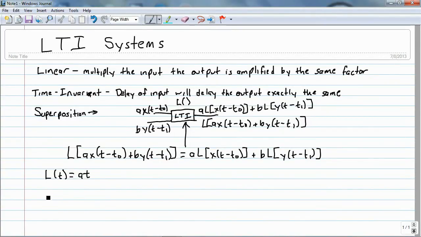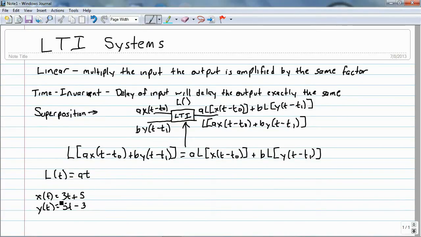And let's say that our input x of t is equal to 3t plus 5, and our y function is equal to 5t minus 3.